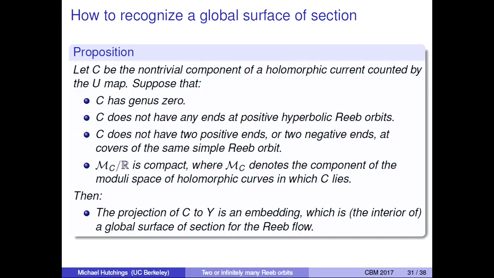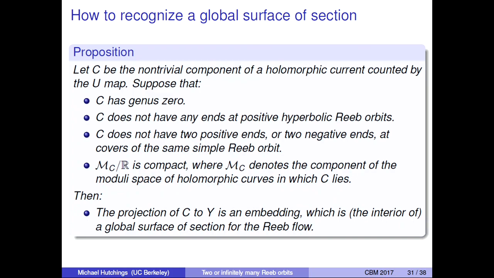And we have a little proposition which tells us when we get a global surface of section. There are various assumptions. Let C be the non-trivial part of a holomorphic curve counted by the U map. Assume it has genus 0, which we wanted anyway, because we're trying to get a genus 0 surface of section, and assume some other stuff.